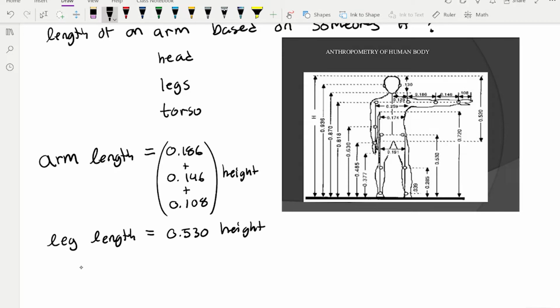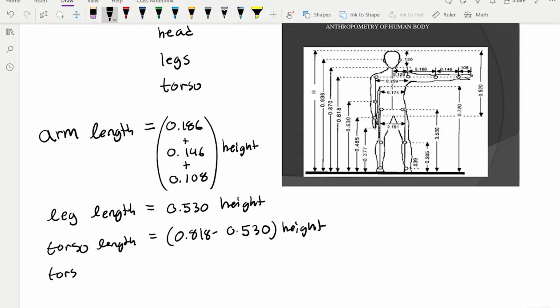Torso, let's call that 0.818 minus 0.53. Also the torso width too, 0.191. Is that all of them? We need the head too.